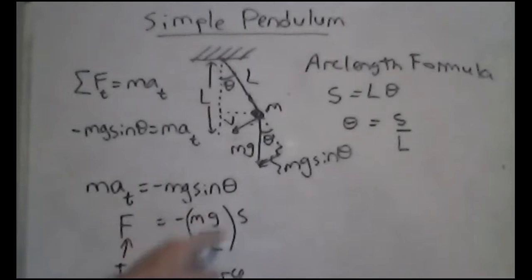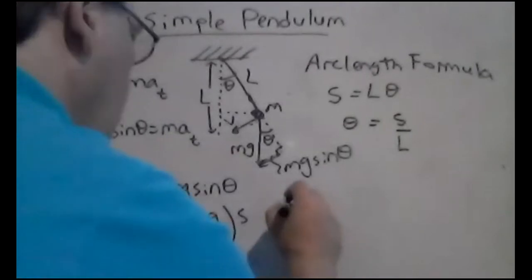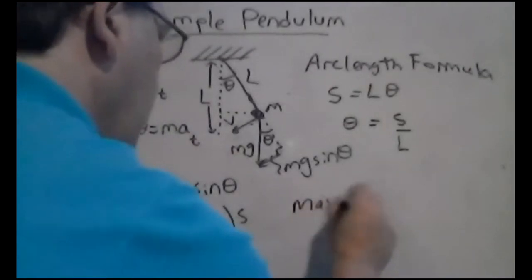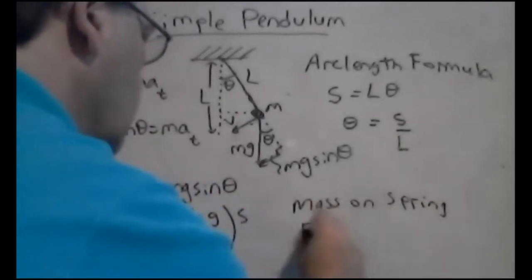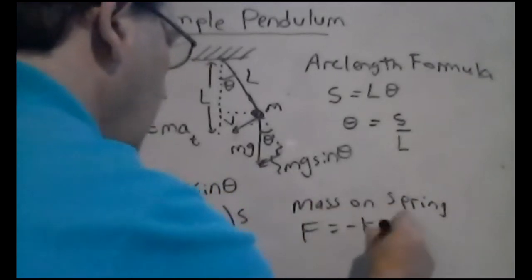Force is negative a constant times displacement. Have I seen that before? Yeah, I have, haven't I? Mass on a spring. Mass on a spring was also force is negative constant times displacement.